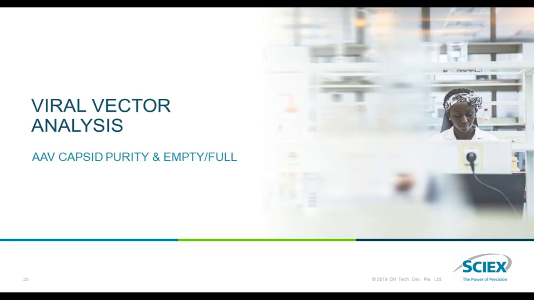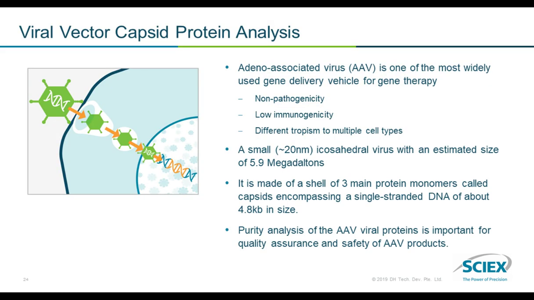Now, once you have analyzed your genetic material, plasmid, and you package it into viral vectors, then you need to analyze the viral vector. The first thing you have to do is viral vector capsid protein analysis. AAVs are the most commonly and widely used genetic delivery vehicle for gene therapy presently.